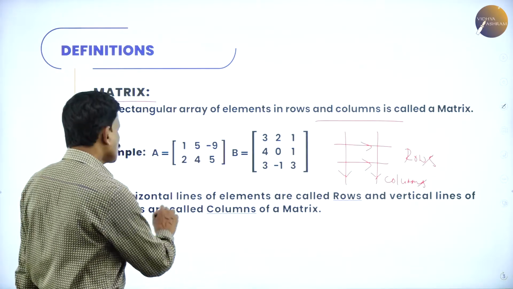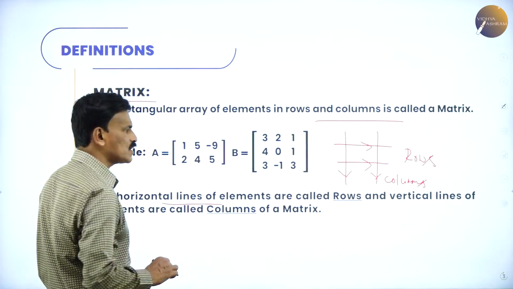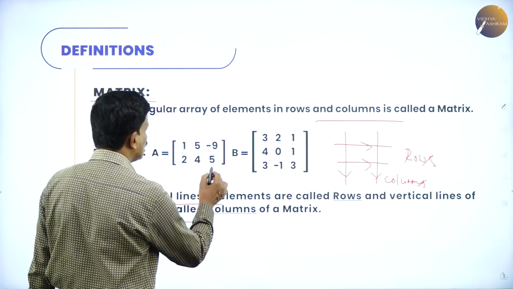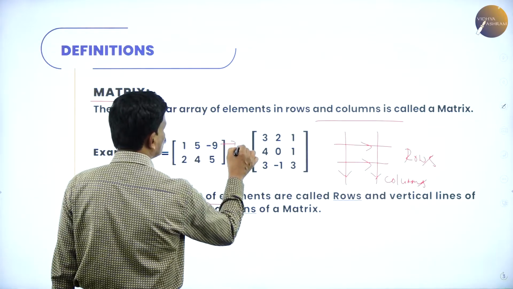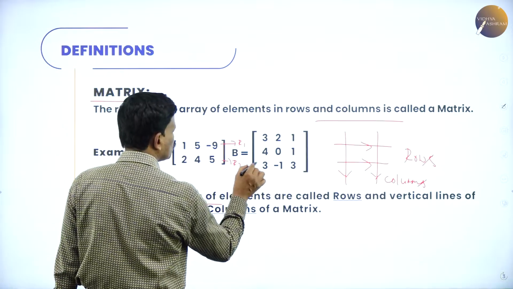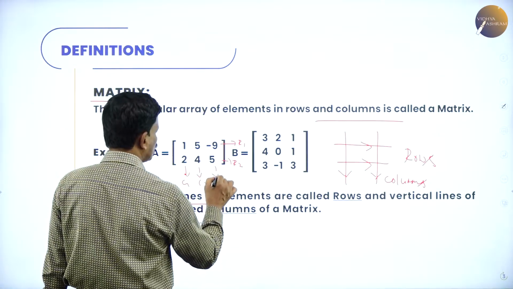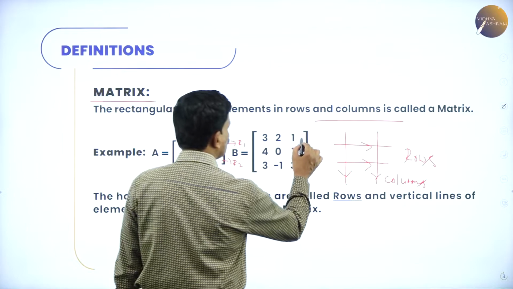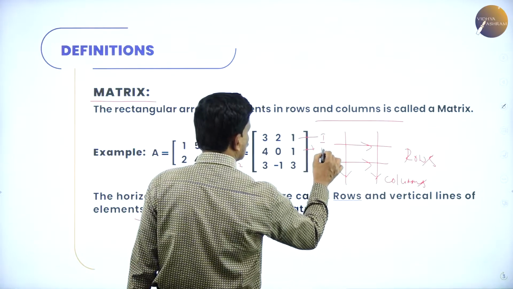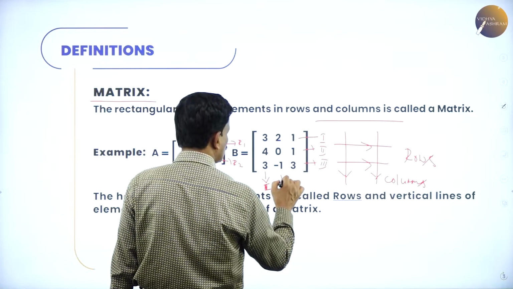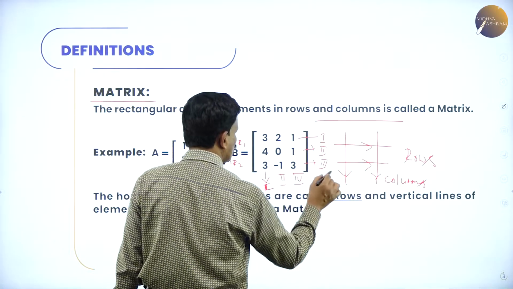So the horizontal lines of elements are the rows and the vertical lines are the columns. The first matrix contains how many rows? Row number 1 and row number 2, so 2 rows. How many columns? Column 1, column 2 and column 3. The second matrix contains the first row, second row and third row, and also the first column, second column and third column.